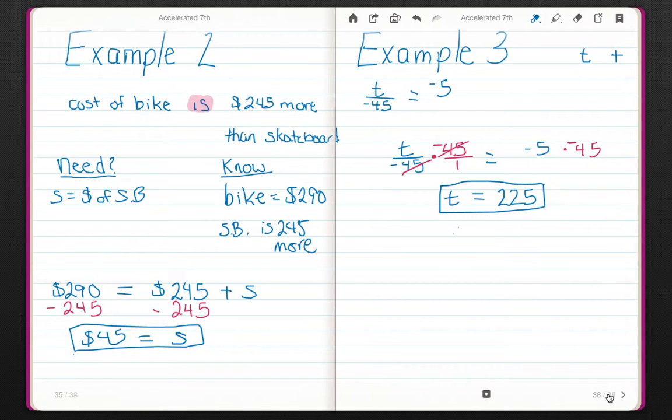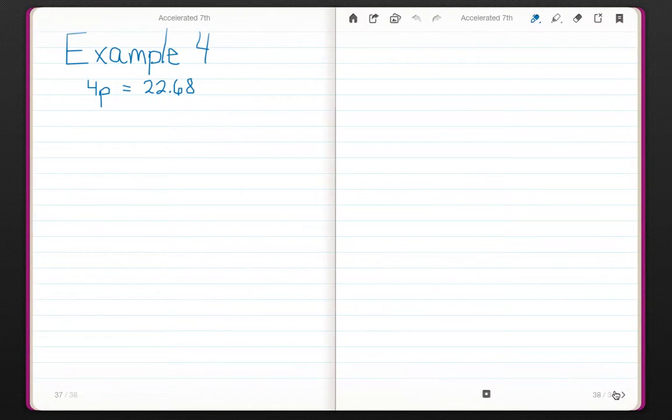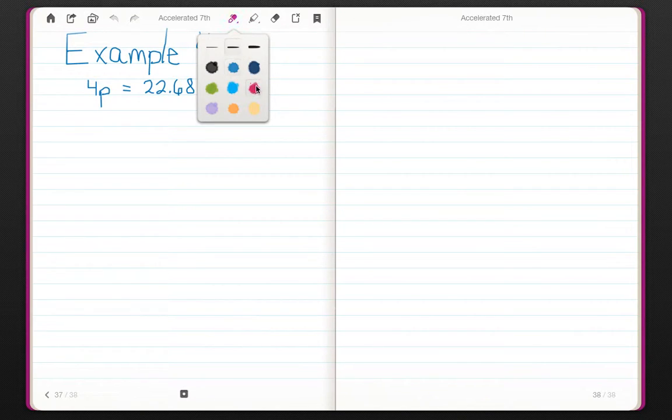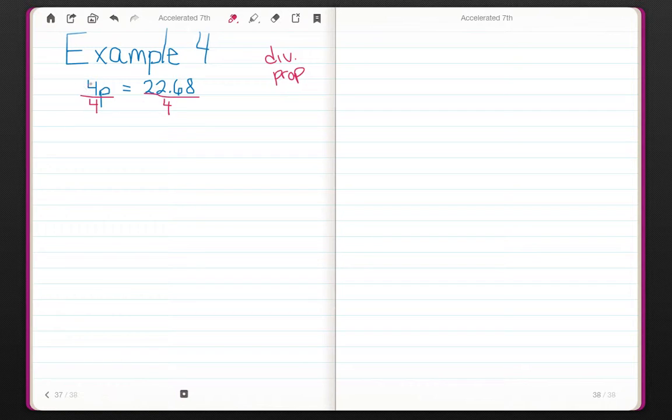All right, example 4. 4p, which we know is 4 times p, equals 22.68. So in this problem, in order to get p by itself, I need to divide, which is the division property of equality, because whatever I divide by one side, I have to divide on the other.